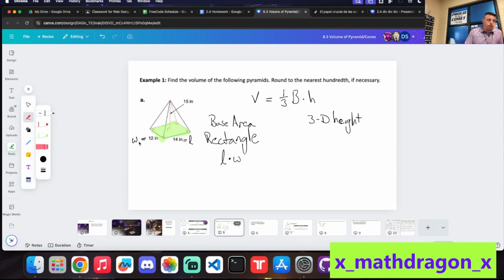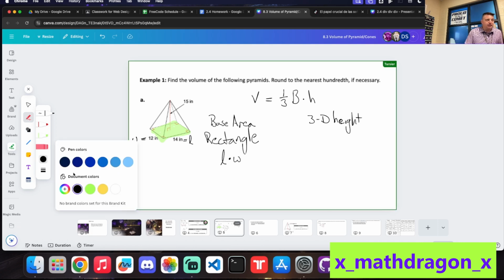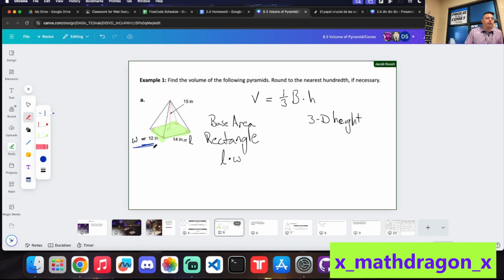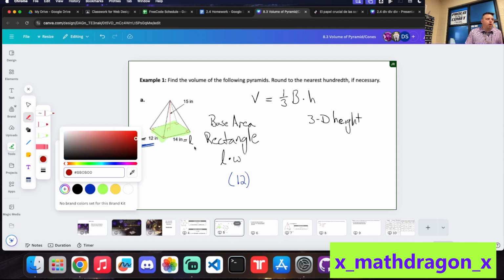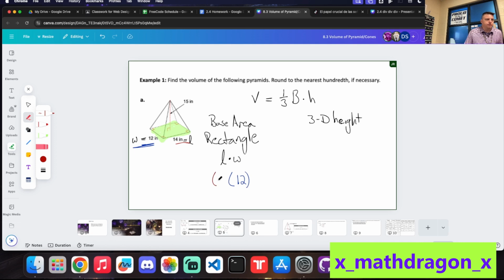So whether W equals 12 or W equals 14 actually isn't going to make much of a difference. But I think normally they call the width the smaller number. So we're going to make the width 12. And we're going to make the length 14.